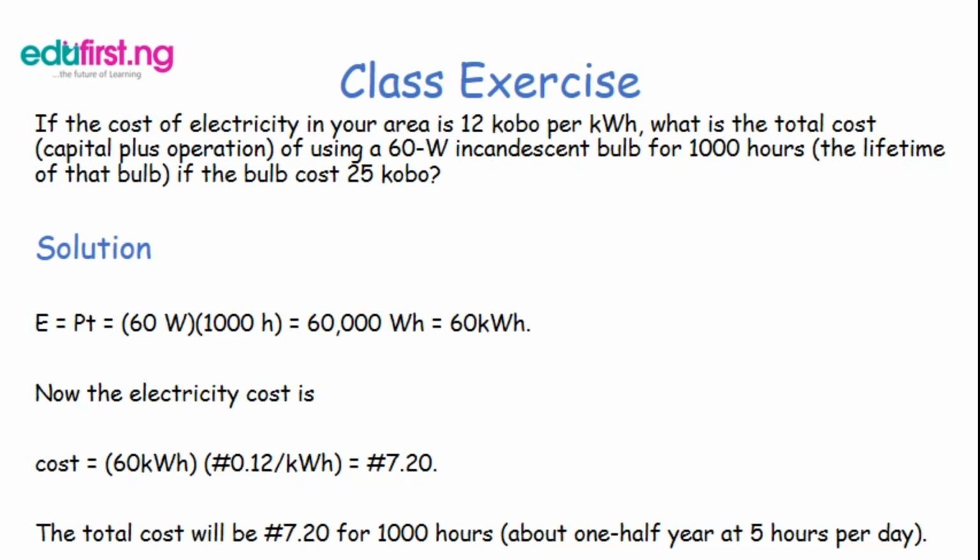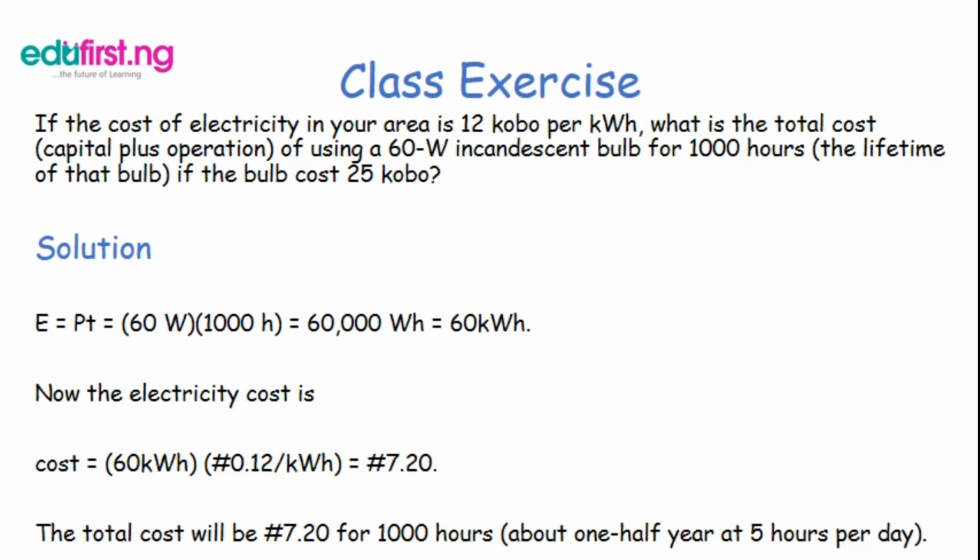Now the electricity cost is 60 kilowatt hours multiplied by 12 kobo, which is the price per kilowatt hour. So 12 kobo can be converted to naira by dividing 12 kobo by 100. That is 0.12 naira, and that gives us a total cost of 7 naira 20 kobo.